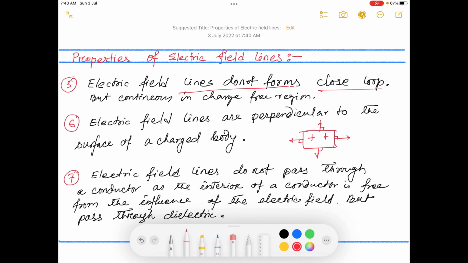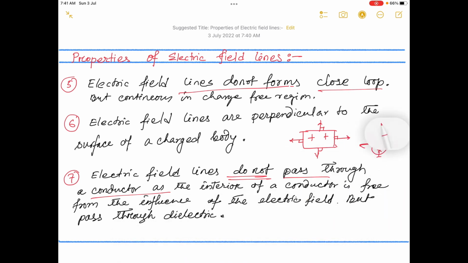And electric field lines do not pass through a conductor. Suppose you have a conducting wire carrying current I; you can experience the electric field around the conductor but not inside the conductor. But electric field lines can pass through dielectric materials.